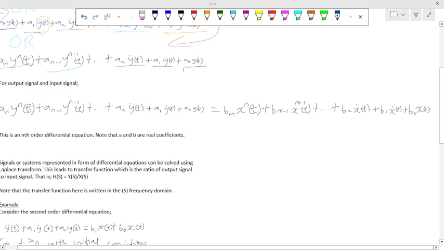Okay, now look at the first thing here for our output signal is similar to the input, just that where you have y of t, here you have x of t. y of t for output, x of t for input. And this time I try to use bm.